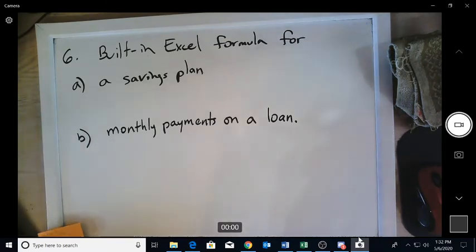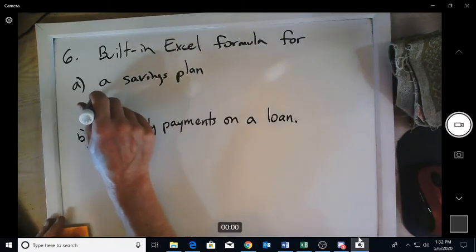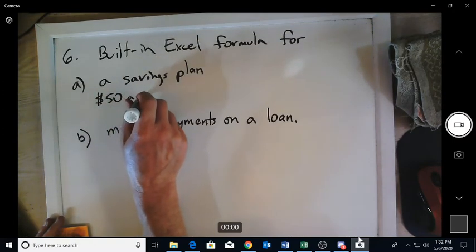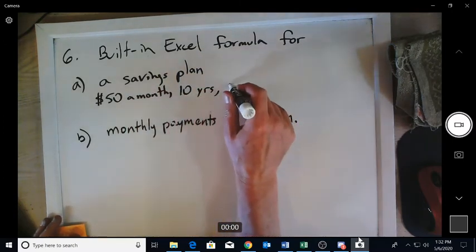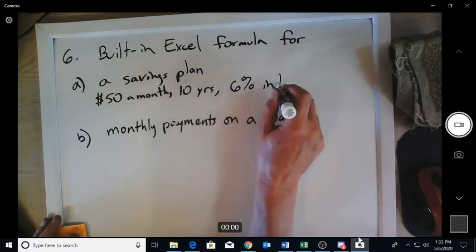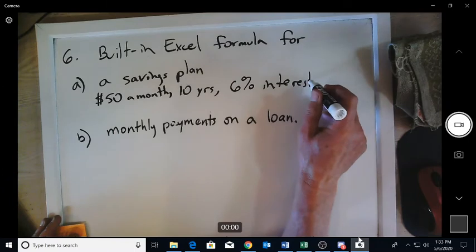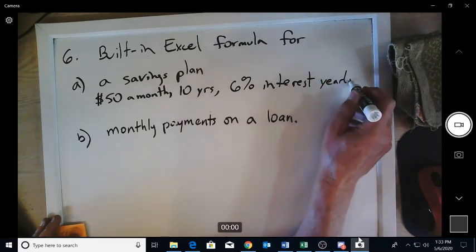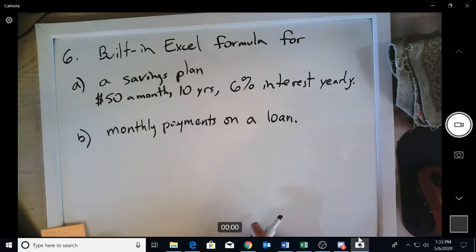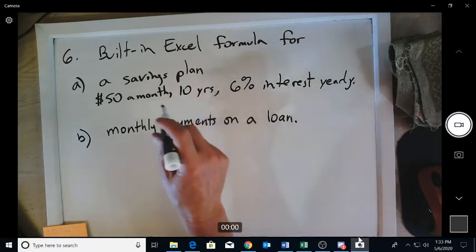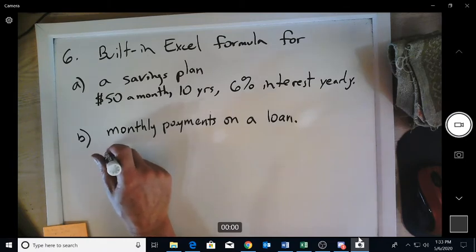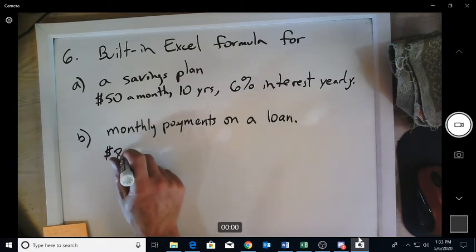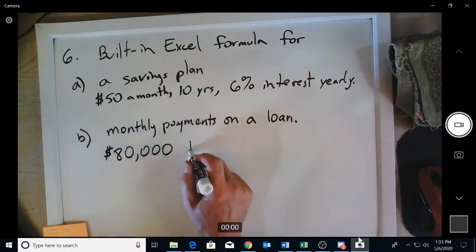This one is $50 a month for 10 years, and you're going to get 6% yearly interest. If we don't say yearly, it's almost always implied that it's yearly interest. Then use the appropriate formula for that, and for this one, monthly payments on an $80,000 house.